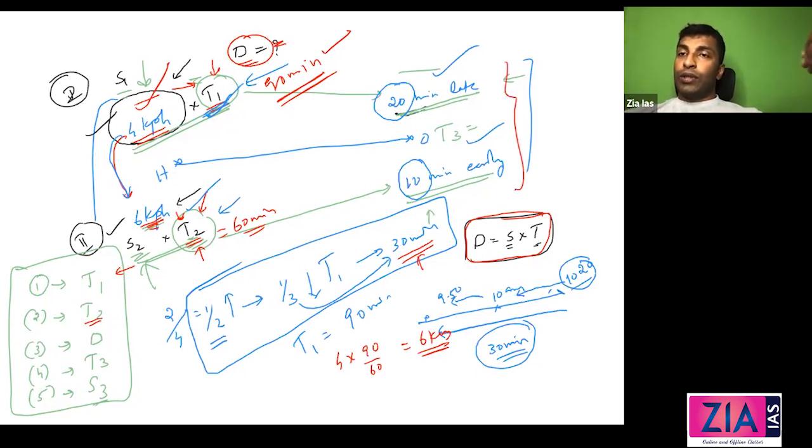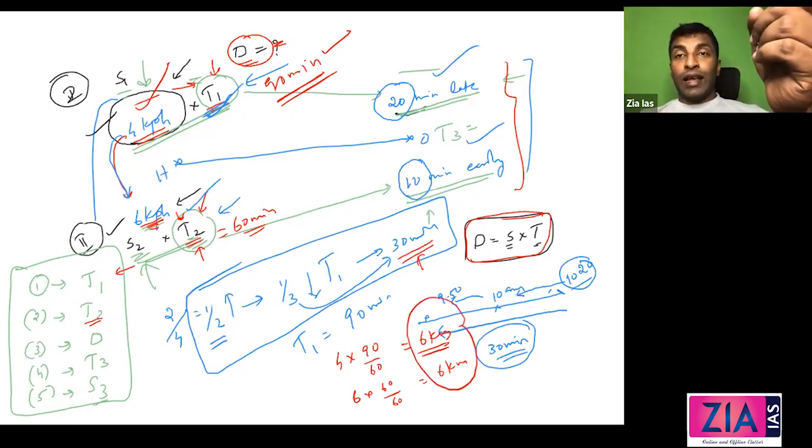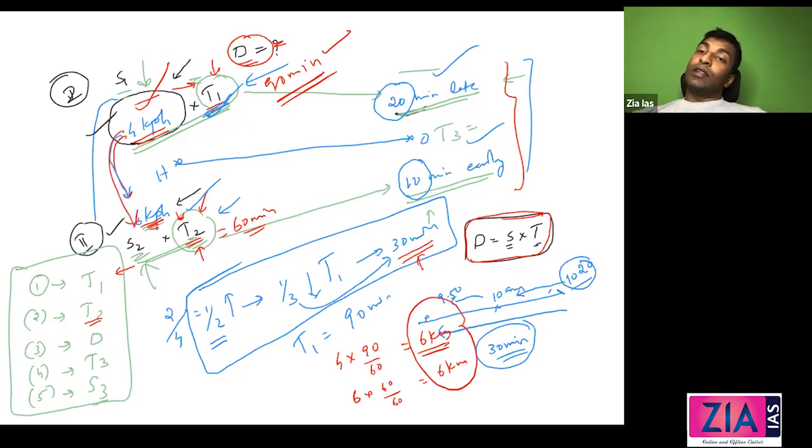Now you can find the distance using this also, like 6 into 60 by 60, which is equal to 6 kilometers. You see, distance will not change. What will change? Speed will change, and time will change based on the speed change, but distance remains the same. So this I got as 90, this I got as 60, this I got as 6 kilometers.